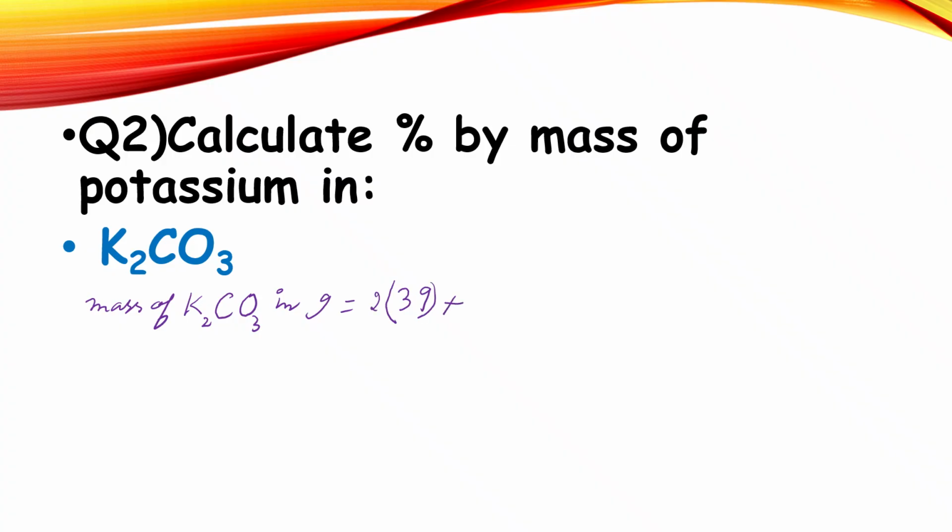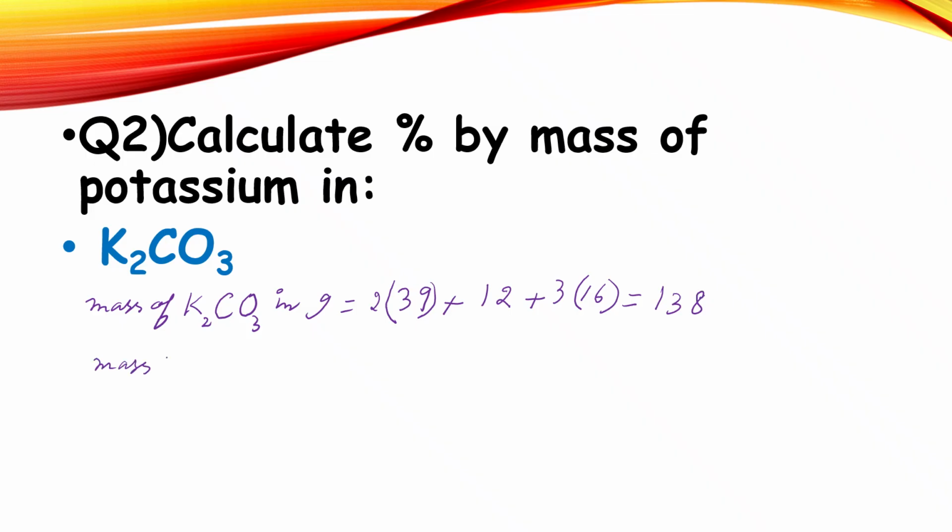Relative atomic mass in grams of carbon is 12, and since the formula tells us that there are 3 atoms of oxygen in the formula unit, we'll multiply relative atomic mass of oxygen by 3. The total comes out to be 138.